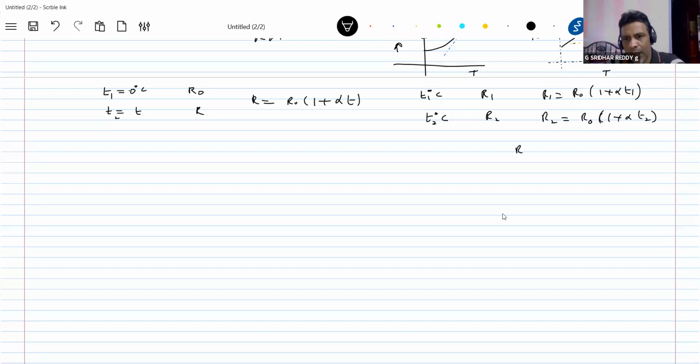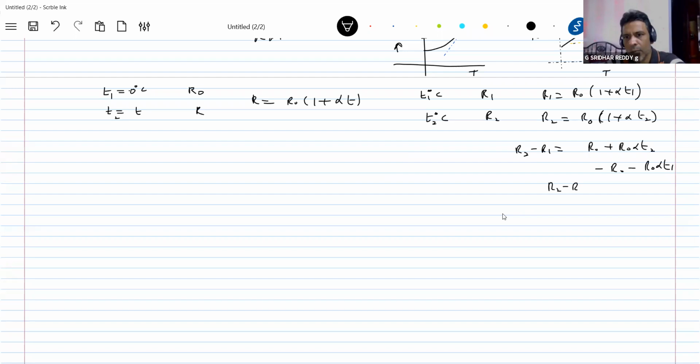So R2 minus R1 will be R naught alpha T2 minus R naught alpha T1.